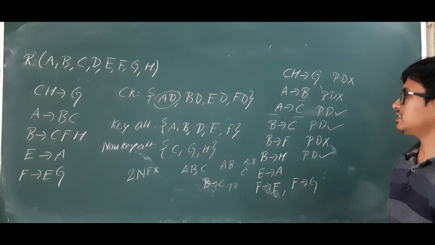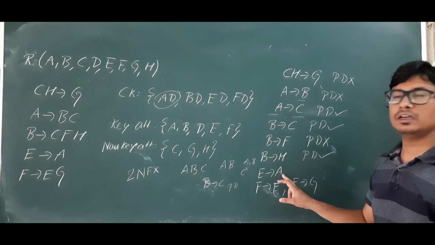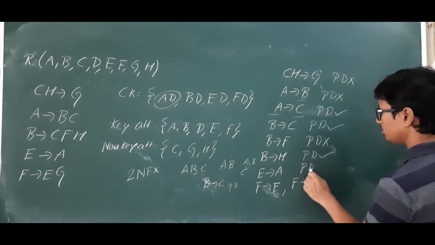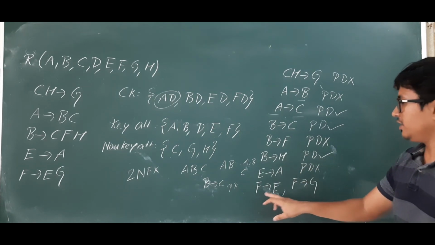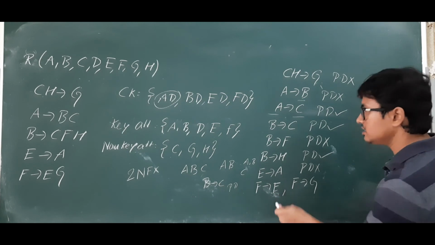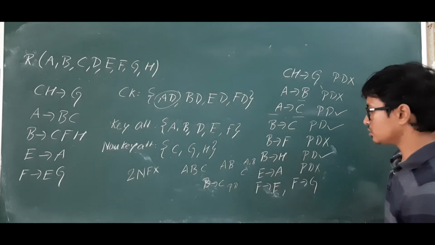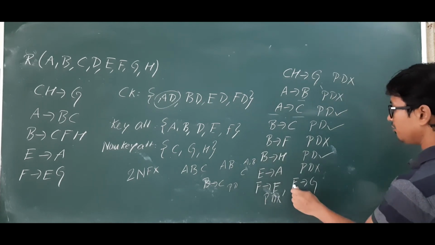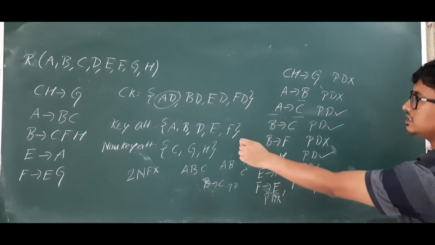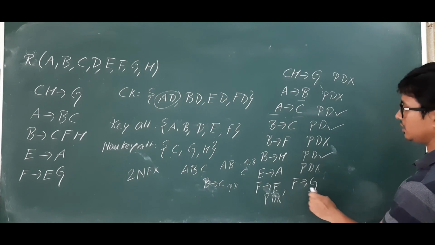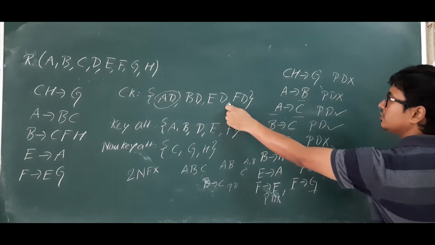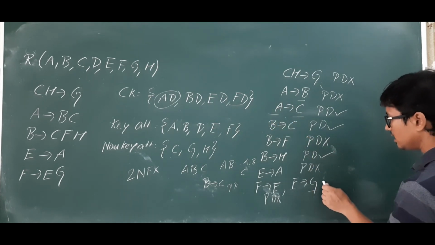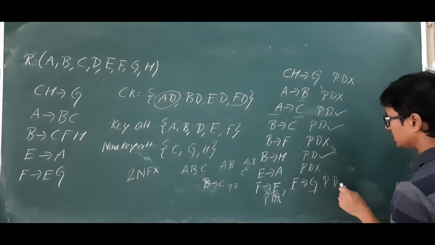E determines A. A is a prime attribute, so it is not a partial dependency. F determines E. E is a prime attribute, so it is not a partial dependency. F determines G. G is a non-key attribute and F is a part of the candidate key FD, so it is a partial dependency.